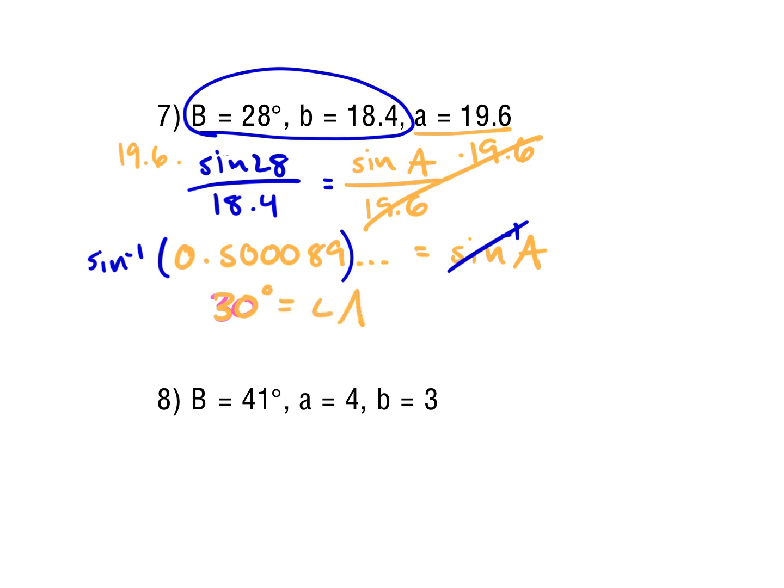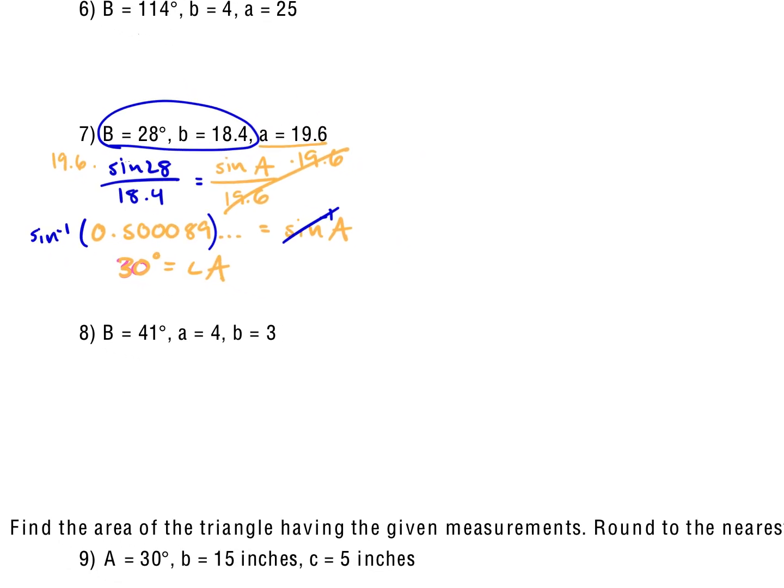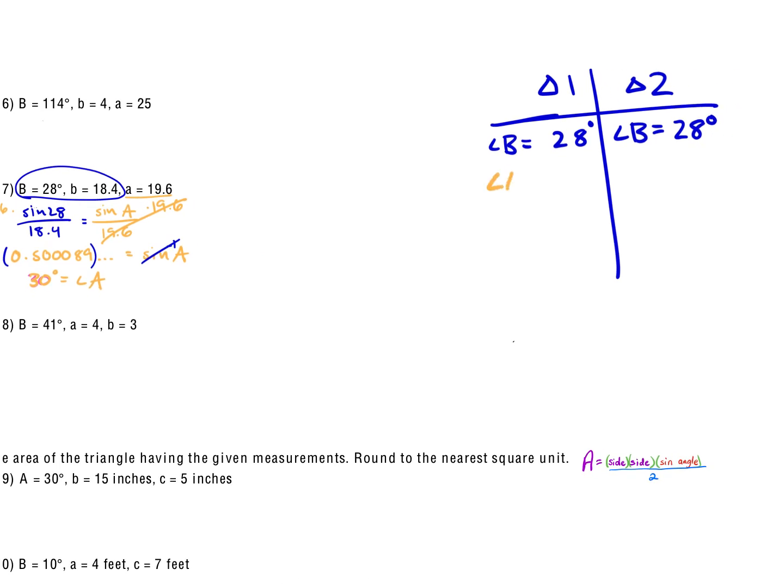So 30 degrees is angle A. How would we find angle C? Add them and subtract from 180. So 180 minus 28 minus 30. We get 122. So 122 degrees, degrees because we're talking about angles.